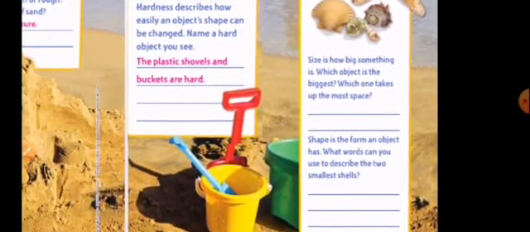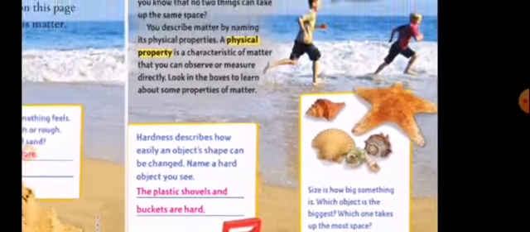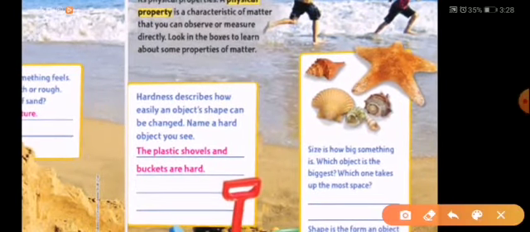Next, if we look at these objects here and compare their size, size is how big something is. Which object is the biggest and takes up the most space? Where is the biggest object? For sure it will be the sea star.